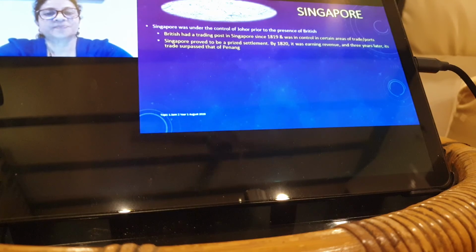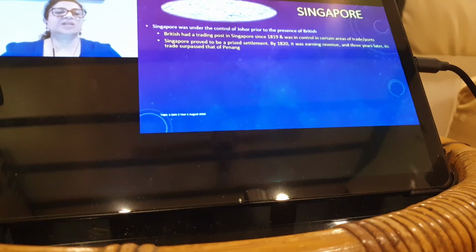Now, British at that point of time had a trading post in Singapore as early as 1819, and they were in control of certain trade and ports in Singapore. And since the location of Singapore is said to be very strategic, as you know, that whole Strait Settlement area was a very lucrative port at that point of time.